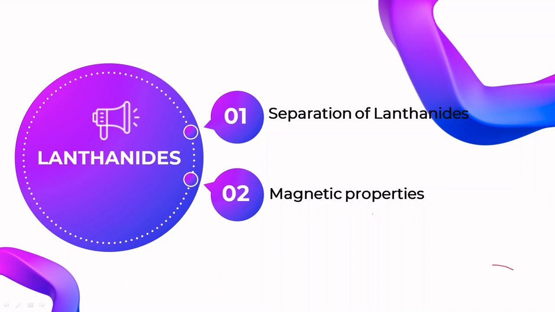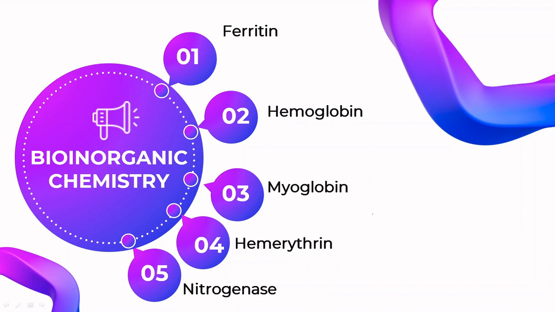Then move on to bioinorganic chemistry. Here you need to remember so many concepts. Although there is a bioinorganic chemistry book by Bertini where the concepts are given in detail, for CSIR preparation it's enough if you learn from Huheey.